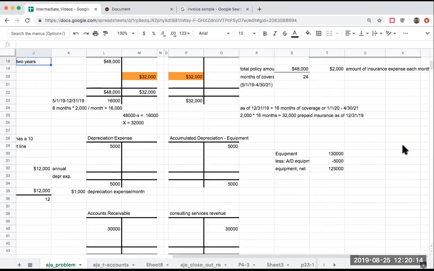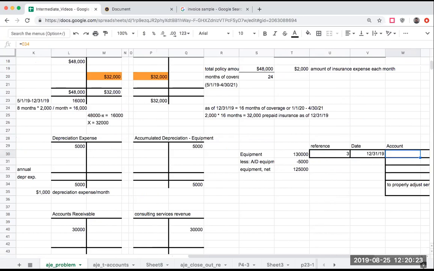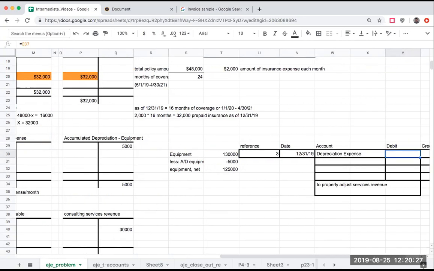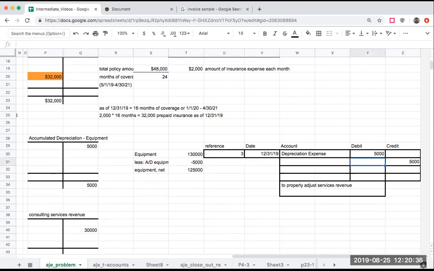I'll do one more. So the reference number here is 3. I generally like to put my debits first and then my credits. So here I've got depreciation expense for $5,000. And because this is a credit, I'm going to be crediting accumulated depreciation on the equipment.